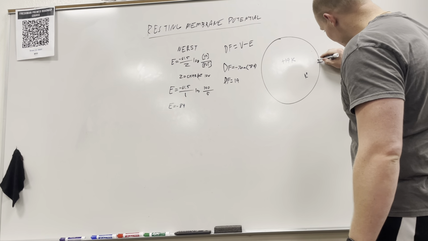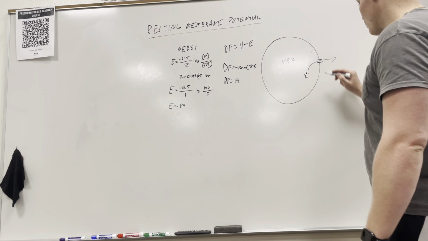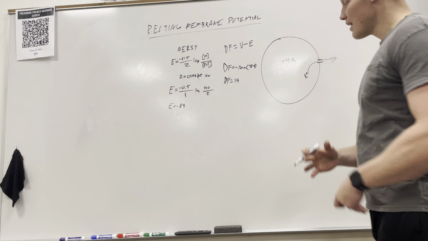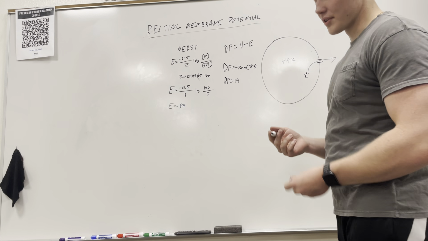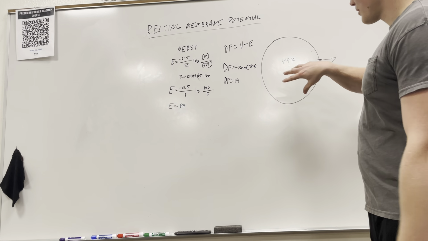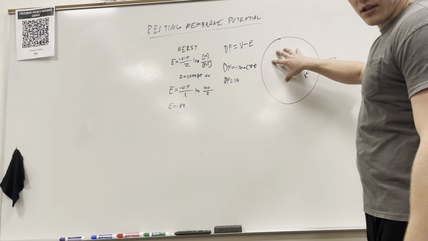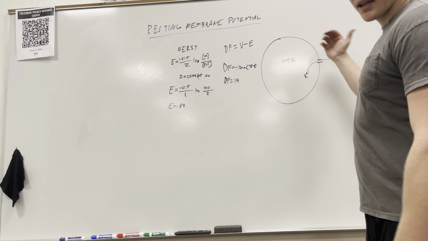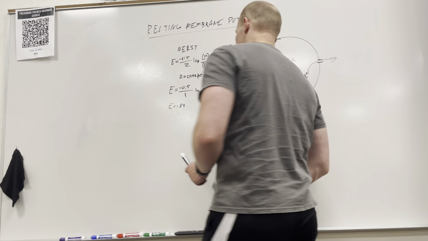So if we have a channel that opens, potassium will flood out of the cell. And it's the same for other things. If we were to take the Nernst potential for sodium or other things, we would be able to place that driving force in the cell and see which way those ions would move.